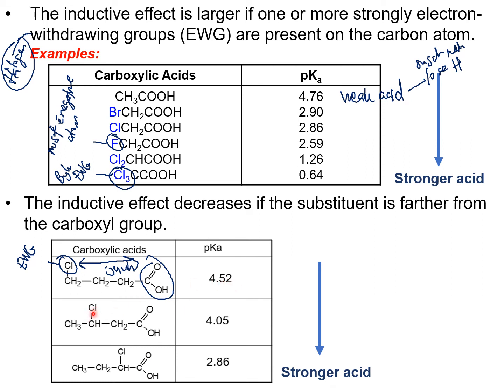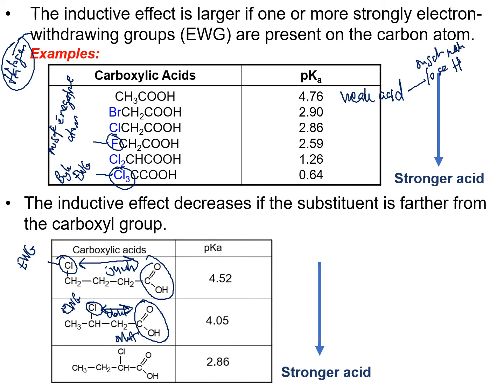Okay, and then contohnya kalau tengok in this one, distance between this electron withdrawing group dengan carboxylic acid ni makin lama makin dekat. Dekat sikit.